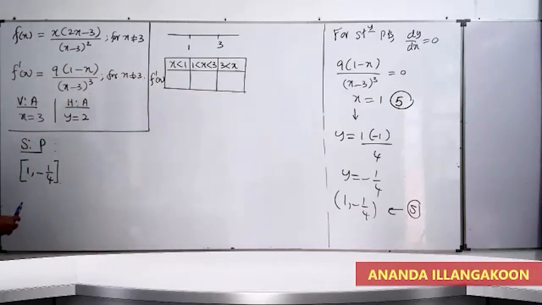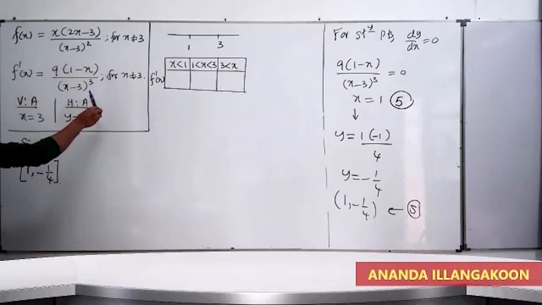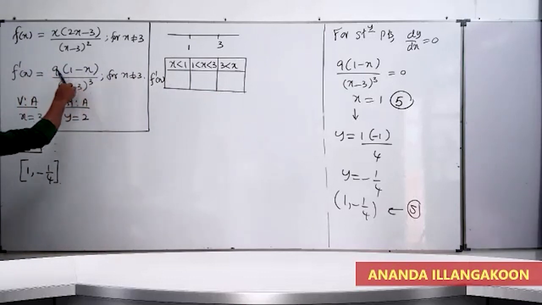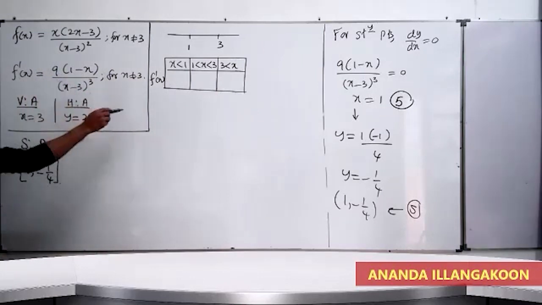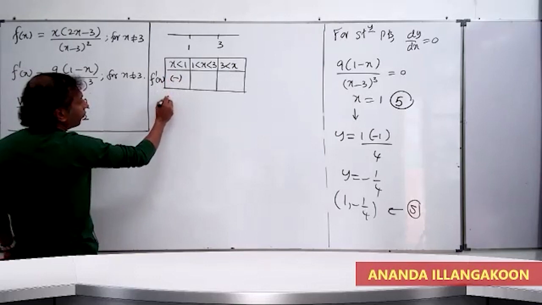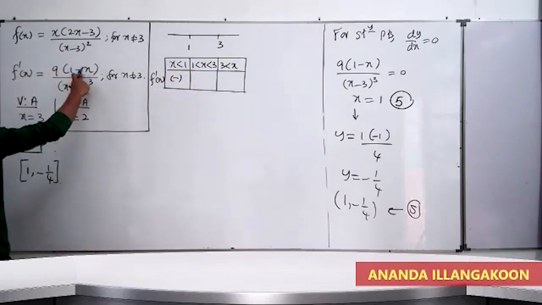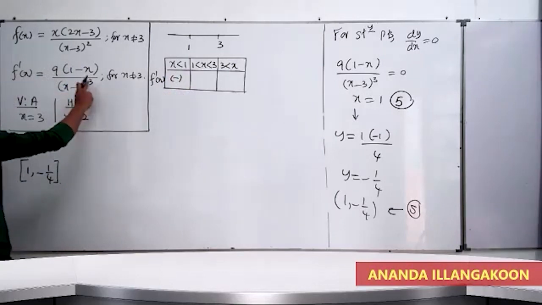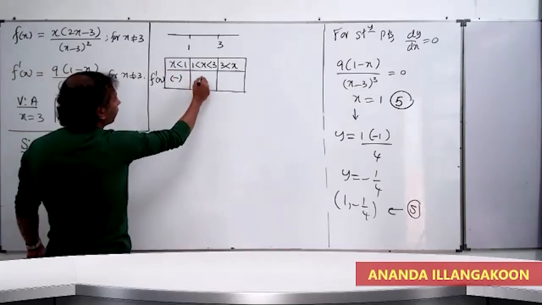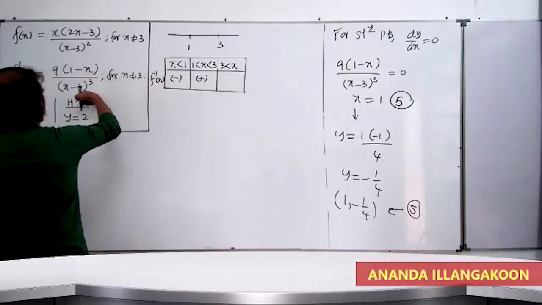For x less than 1, put 0 here: numerator positive, denominator negative, therefore this is negative. Decreasing now. In the next entry, put 2. Here negative, here negative, this is positive. Increasing. Greater than 3, like 10, negative.